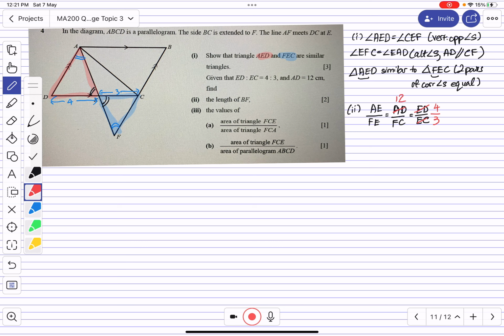Alright, so here it seems like what I can find is FC, but I'm asked to find BF. Right, so if you observe BF here, because we are looking at a parallelogram, we can also conclude that BC is just equal to AD, right? This is just a property of a parallelogram.